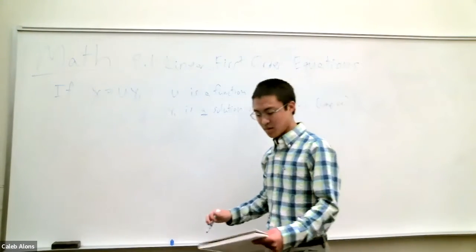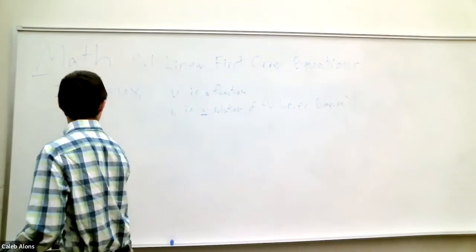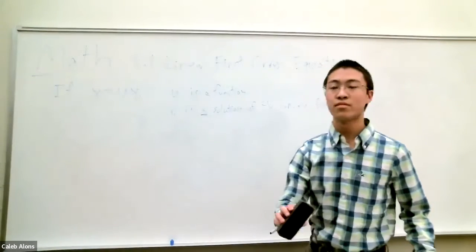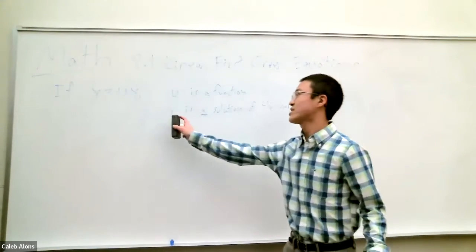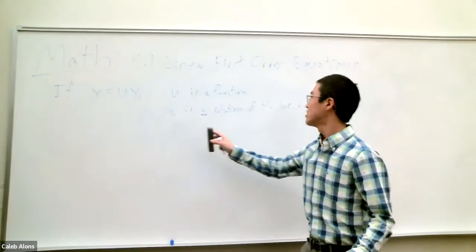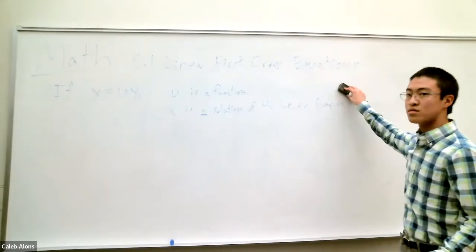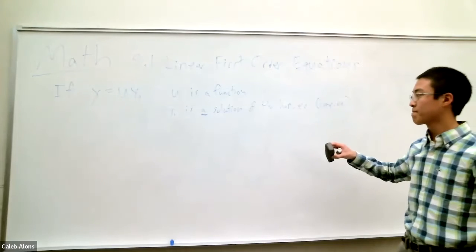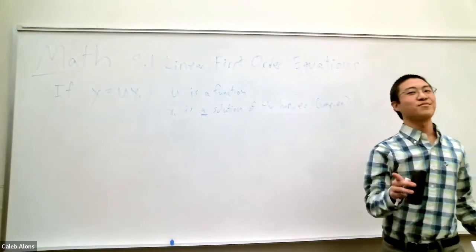Is that a y1, not a comma? Yes, that's y1. Is u only based on x, or is it going to have x's and y's? It depends on what you're talking about.